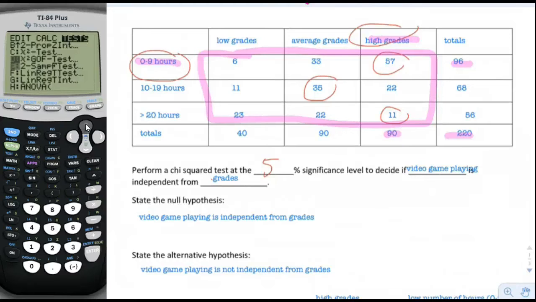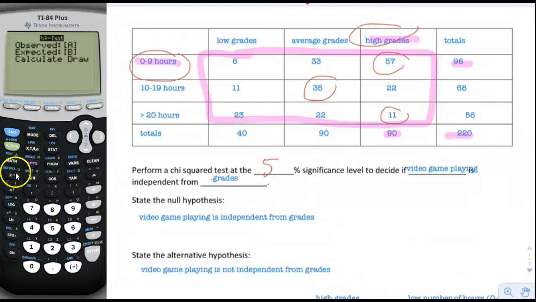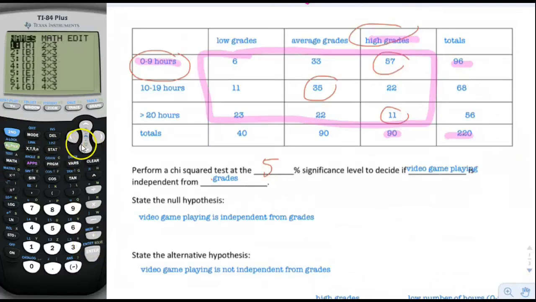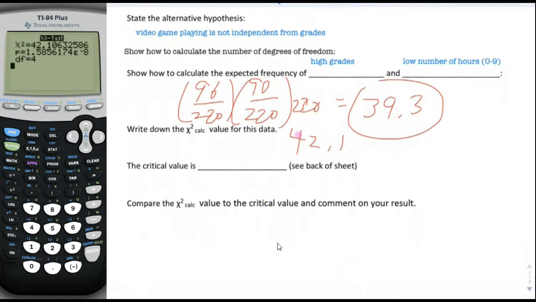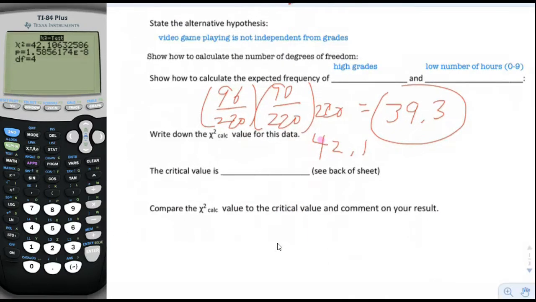We'll go up to chi-squared, which is the C option, and then we're going to put in second matrix C, and then in the expected we'll put second matrix D, and then we'll calculate. And then we got a chi-squared value that was very large. It's 42.1. So down here we're going to write that the chi-squared calc value is 42.1.